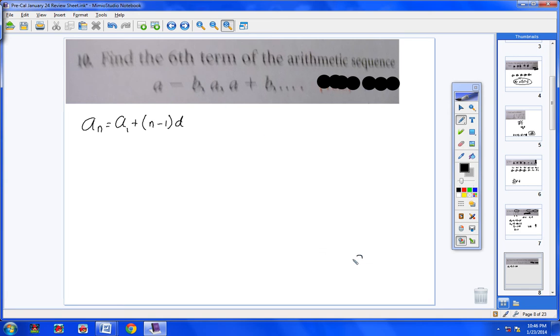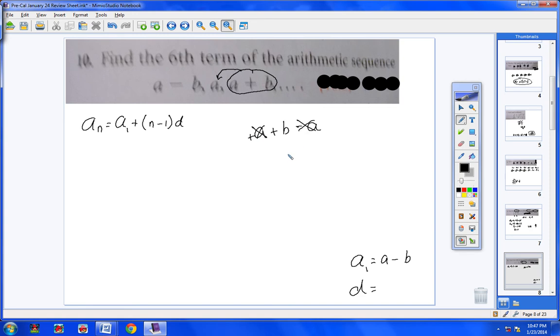Now, the first thing we need to do, we know what our first term is. We know that our a subscript 1 is a minus b. We know that. But we have to find the common difference. Now remember how we do that. We can take any term like this, a plus b, and subtract out the term before it. So I have a plus b minus a. Well, if I have a plus b minus a, notice I have a positive a here and a negative a here.